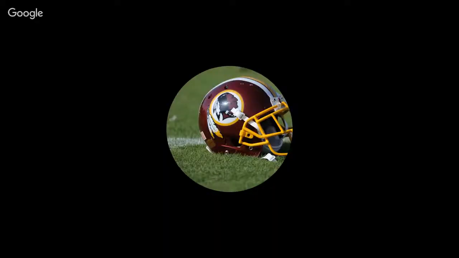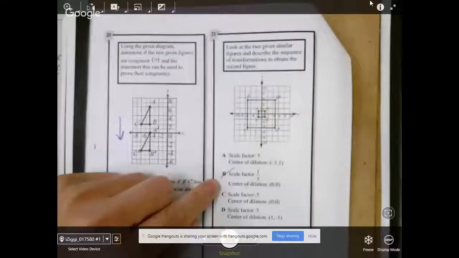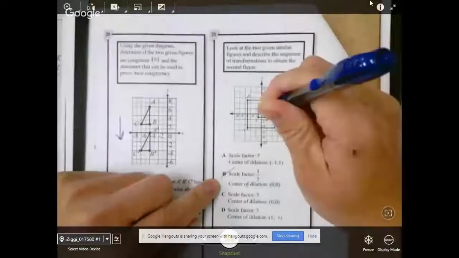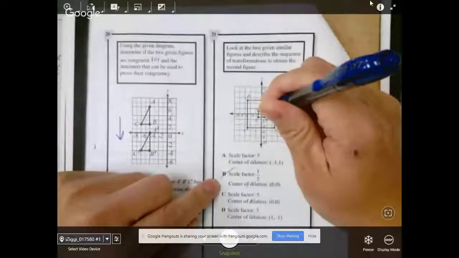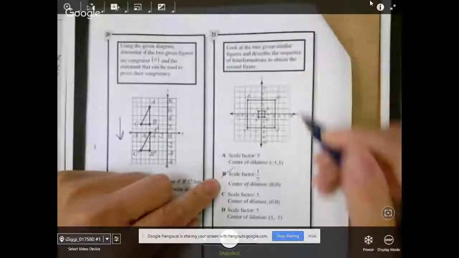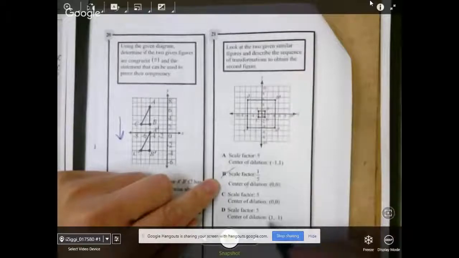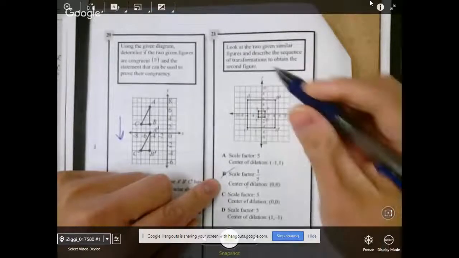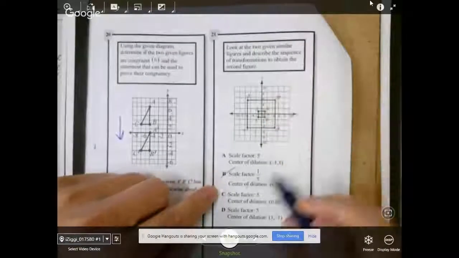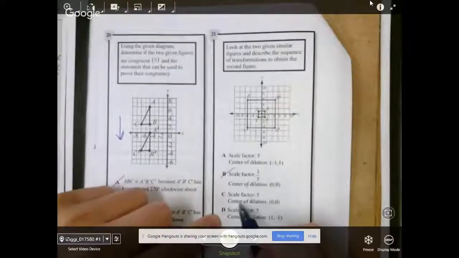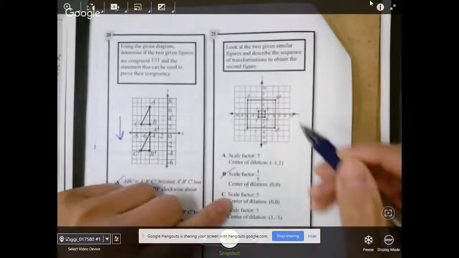The center is right there at 0, 0, so it's not going to be either of these. You notice the center is right in the center of the coordinate plane, and the scale factor is 5. The scale factor means from here to here it was multiplied by 5. This thing is 5 times as big as this. Okay, so this one is C.